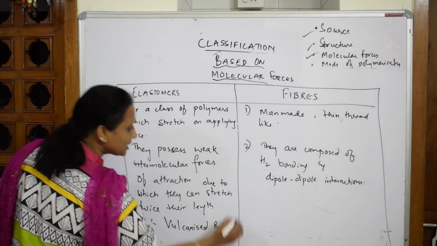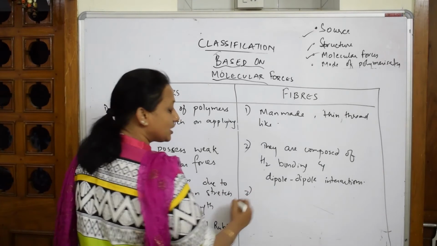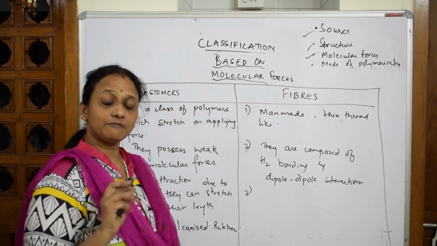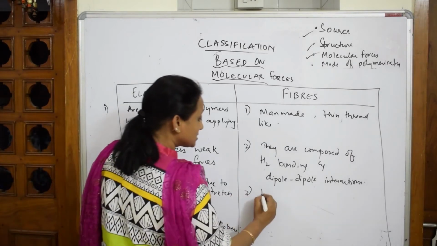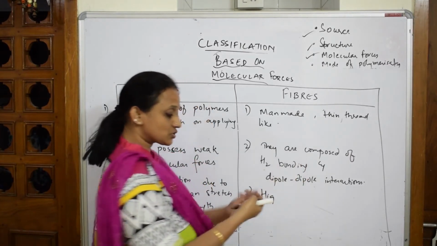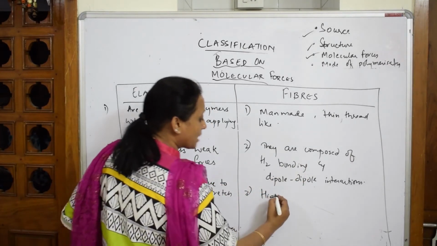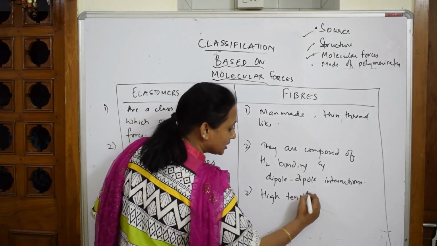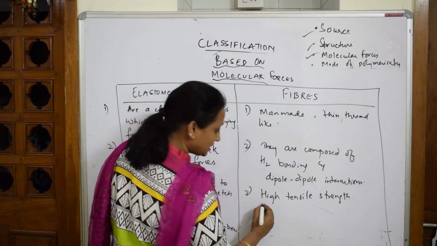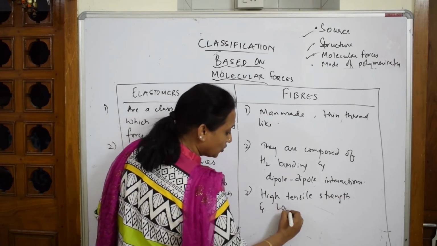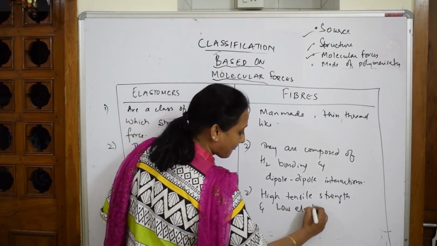Because of the hydrogen bonding, I need to write the third point. Tensile strength is very high, because the bonds are strong and tightly held. So high tensile strength, and low elasticity.